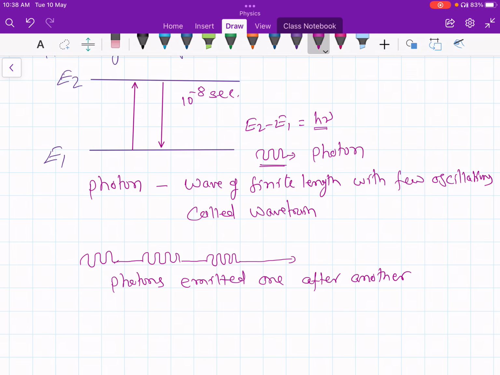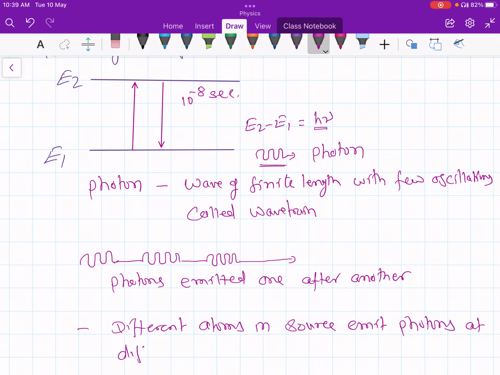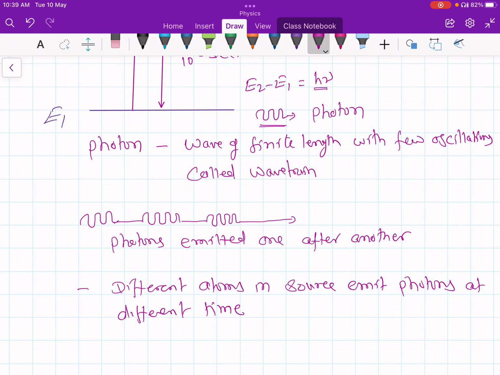But in the source there are millions of atoms present, and these atoms absorb energy at different times and emit photons at different times. So different atoms in the source emit photons at different times.